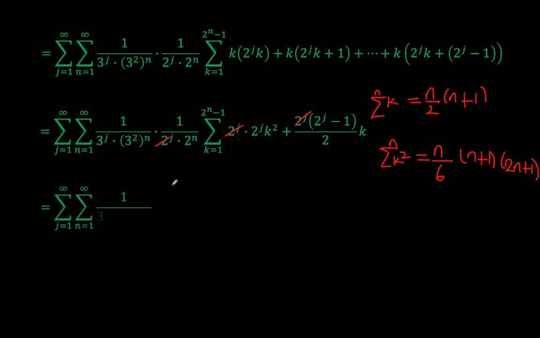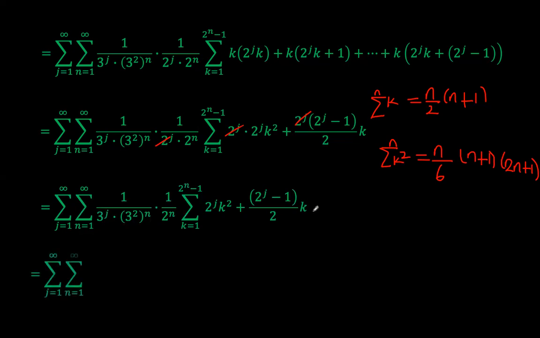As you can see, we have 1 over 3 to the power j times 3 squared to the power n over 1 over 2^n to the power j k squared plus 2 to the power j minus 1 over 2 times k. So the k squared term will be summed up accordingly.